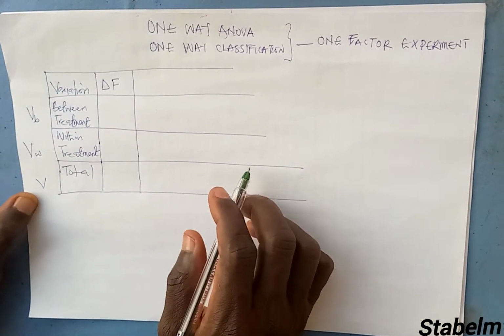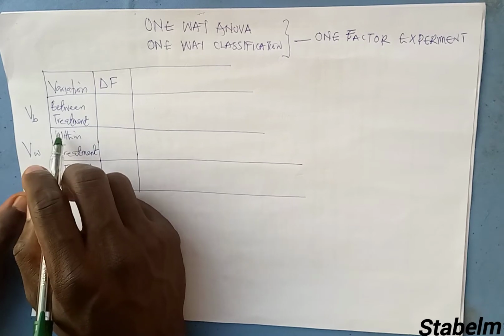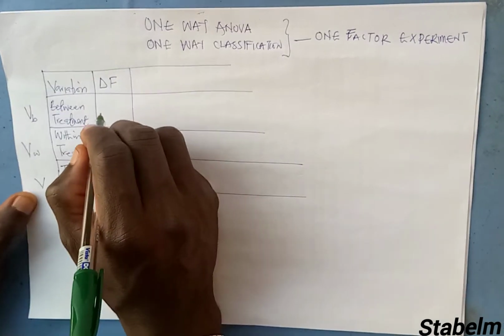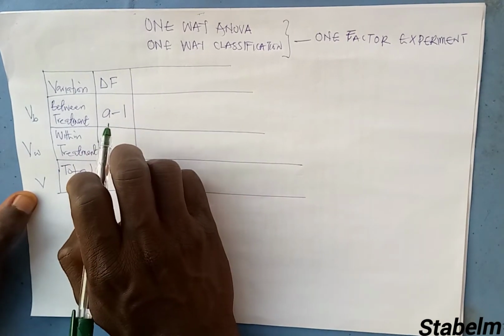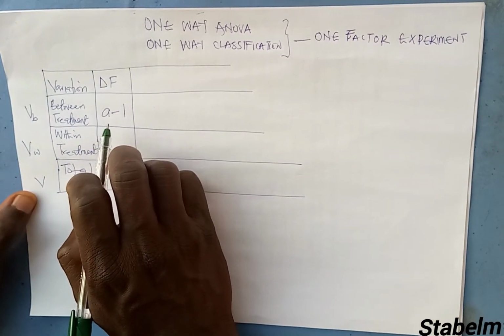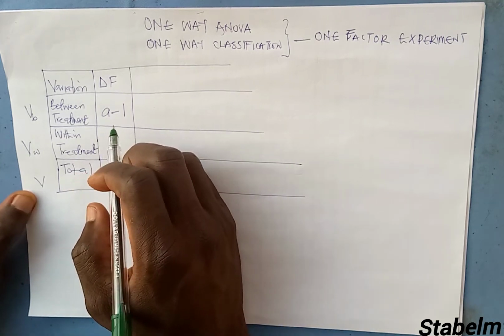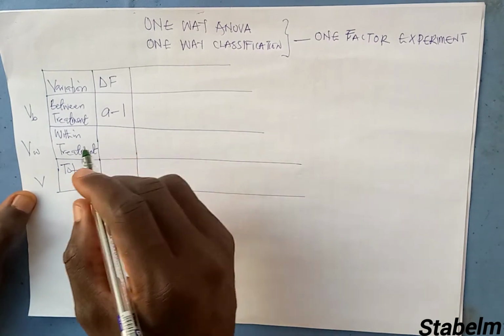So in this degree of freedom, for variation between treatment, we have a minus 1, whereby a stands for the number of groups, or we say the number of rows.